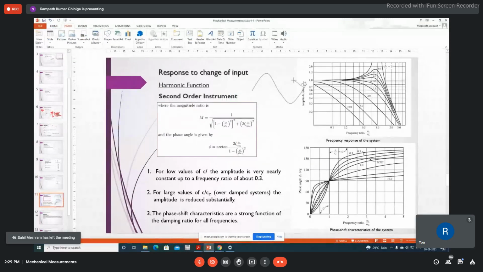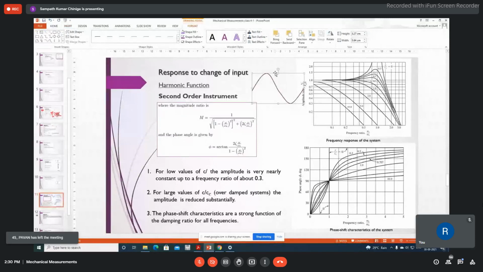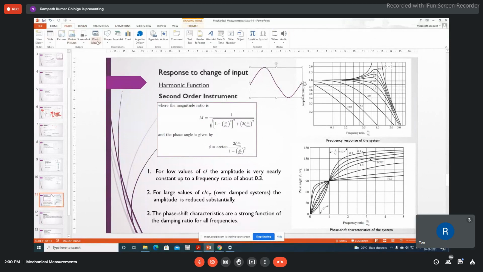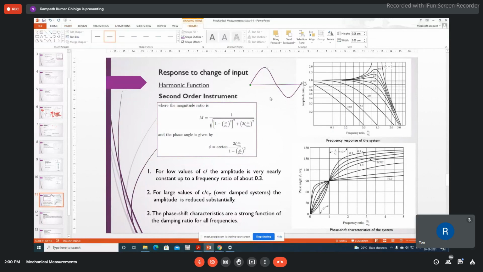This is the input you are giving, and what you generally want is to find out whether the measuring system is able to produce the same thing or not. That is the question, right?